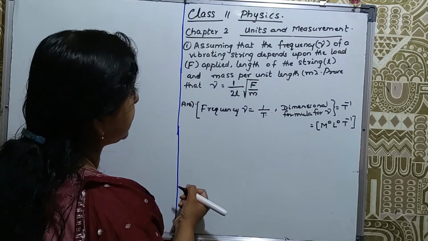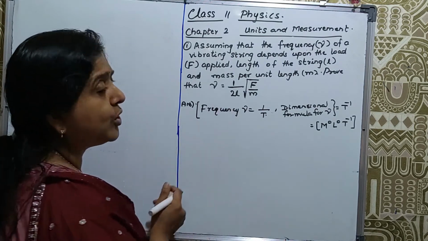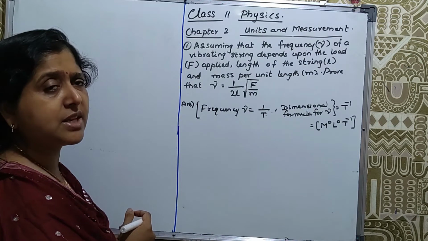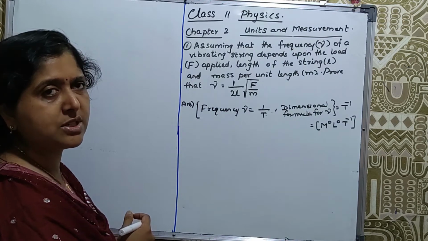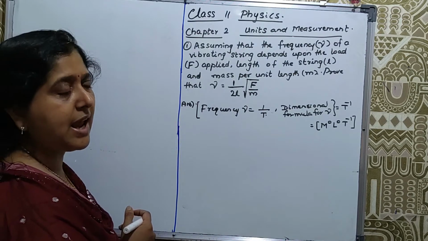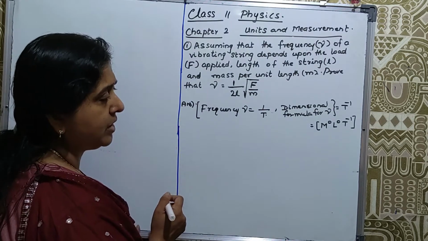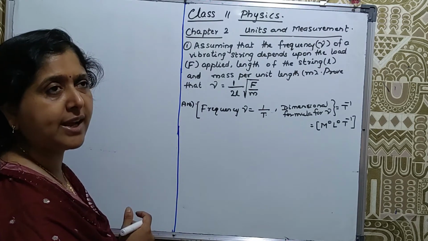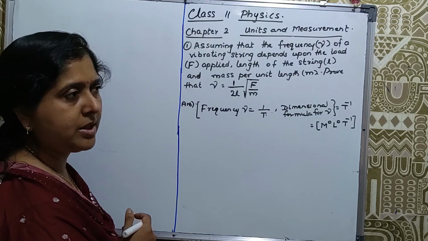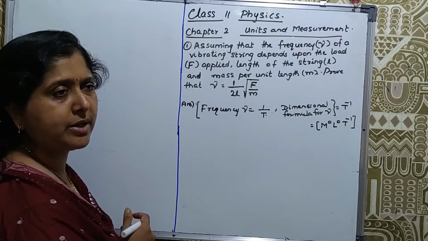Now we want to do the dimensional formula for force. Force is actually mass into acceleration, but acceleration is change in velocity by time. So dimensional formula for velocity is L T raised to minus 1. And dimensional formula for acceleration is change in velocity divided by time, that is L T raised to minus 2.